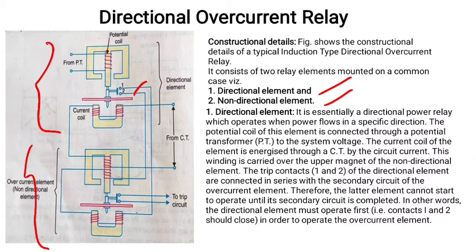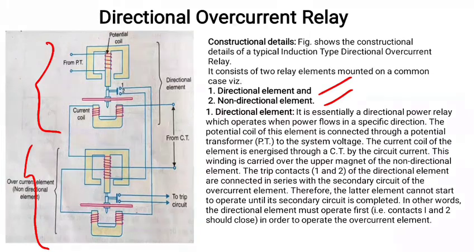Now when the fault takes place, the fault current flows through the current coil of the directional relay, which interacts with the flux produced by the potential coil. Now the disc will rotate only if the torque is produced in a particular direction, which again depends on the direction of power flow, whether the current is leading or lagging the voltage.